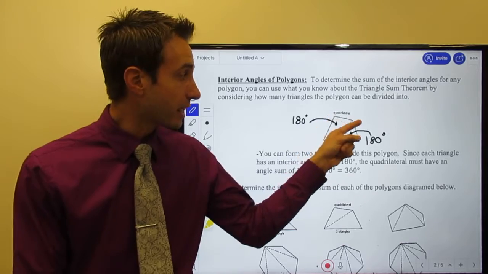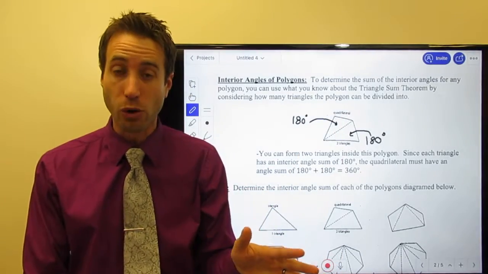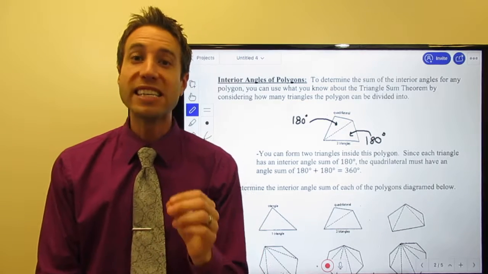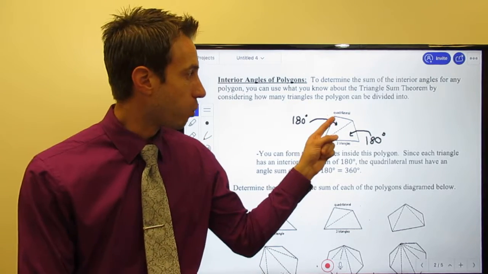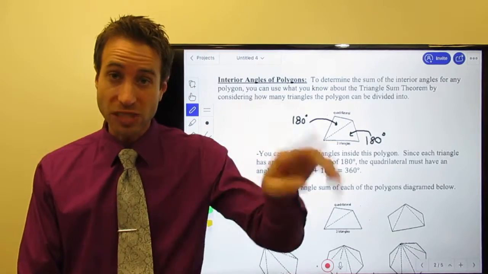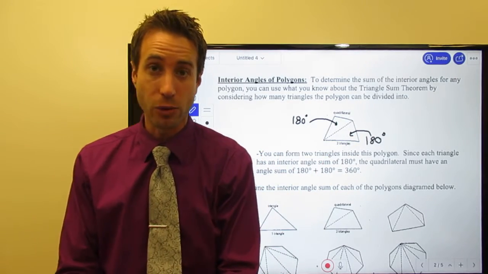Since this polygon, this quadrilateral, contains 2 triangles, what is the sum of the 4 angles inside my quadrilateral?